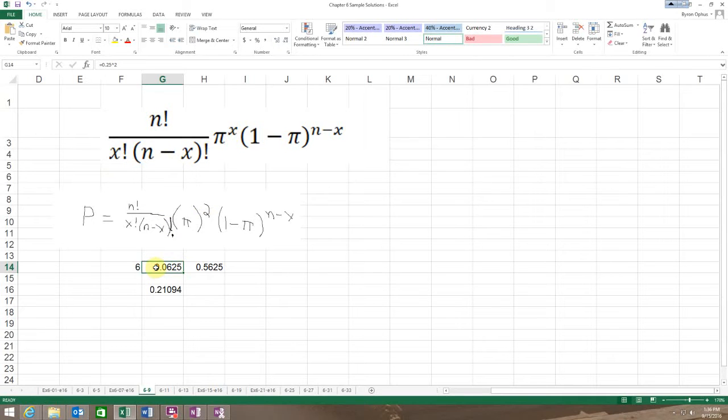So I got 0.25 squared, and I just entered that in here as equal to 0.25 squared. And then this is 1 minus pi, and again, parentheses, 1 minus 0.25 in parentheses, to the n minus x, or again 4 minus 2.